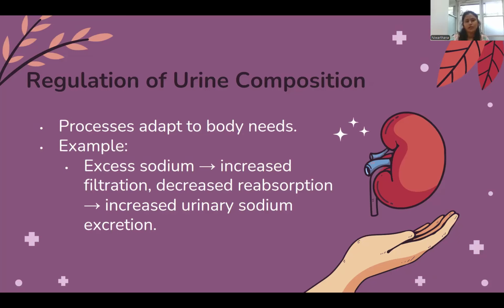As an example, if there is excess sodium in the body, there is increased filtration and decreased reabsorption, because we don't need more reabsorption. So we excrete more sodium, and there is increased urinary sodium excretion. This process helps to maintain the normal sodium level in the body, which is helpful for homeostasis.